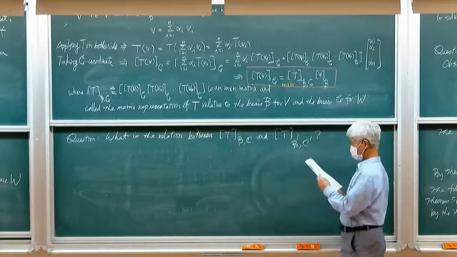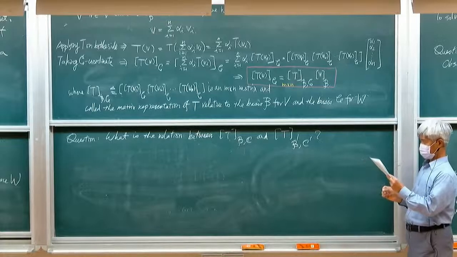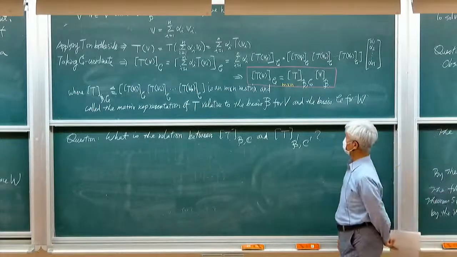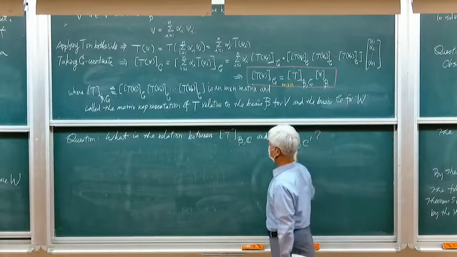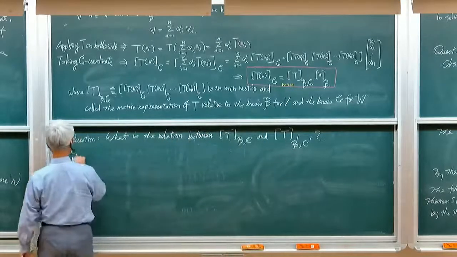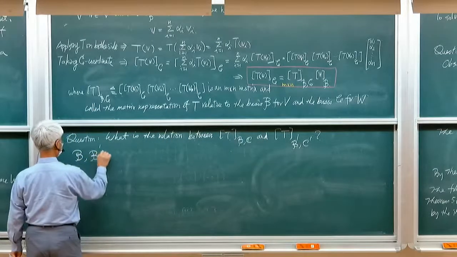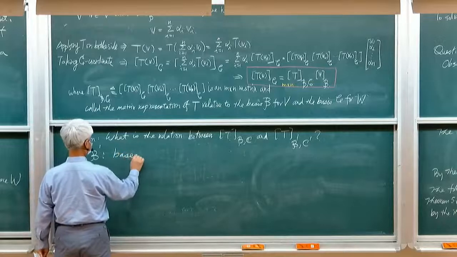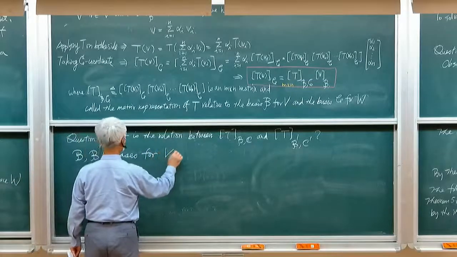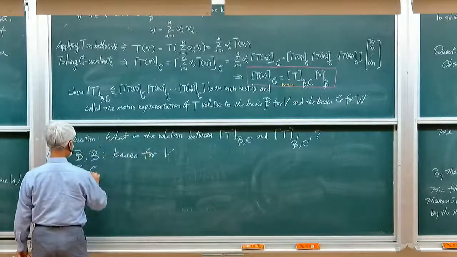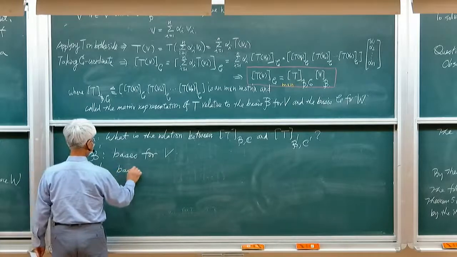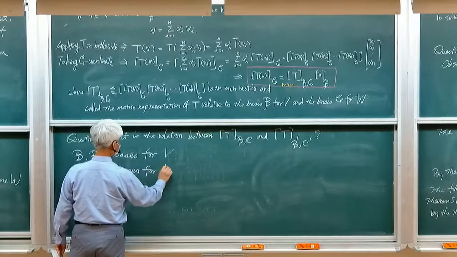Okay, so our question is this one. Now we have B prime, a basis for V, and C prime, a basis for W.